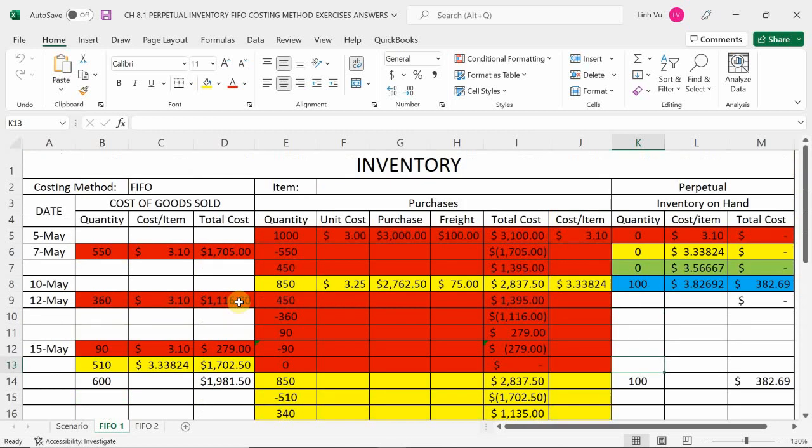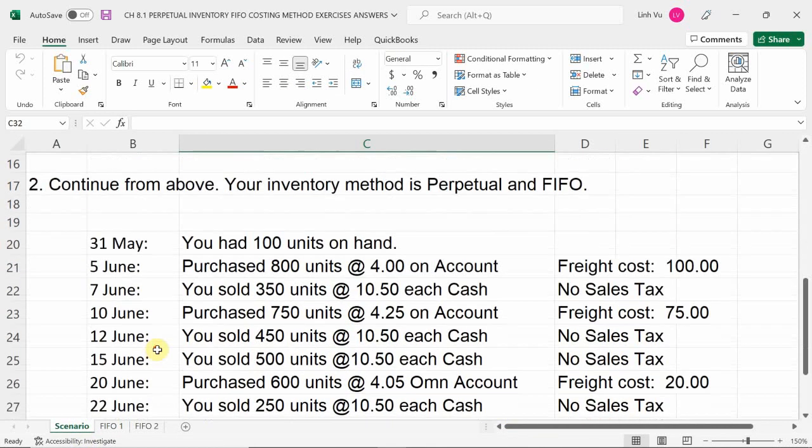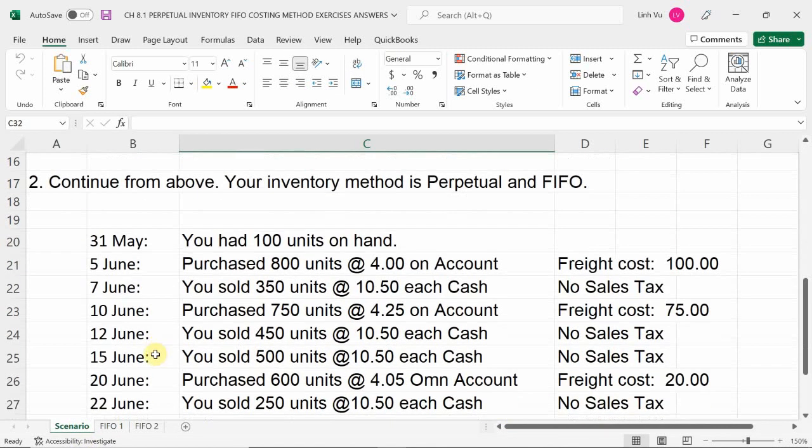Now we're going to continue on with this scenario where this time we're going to deal with beginning inventory. The last thing we had for question number 2 says continue from above. Your inventory is perpetual and it's FIFO. And it says that on May 31st, you should have had a total of 100 units on hand.